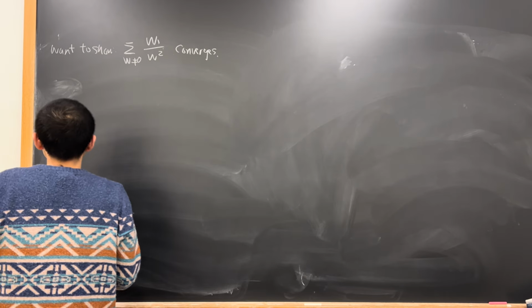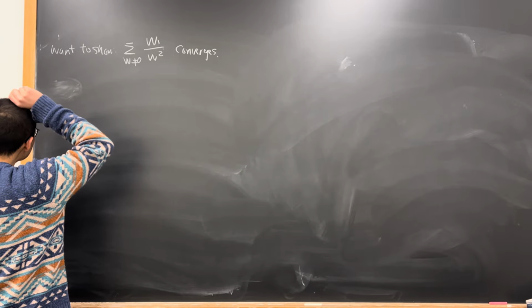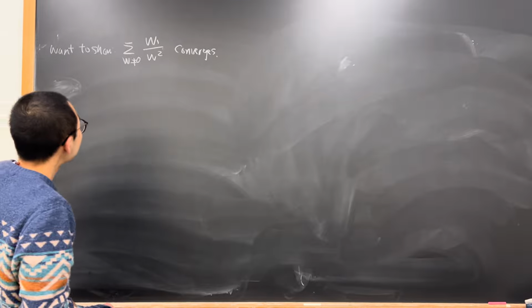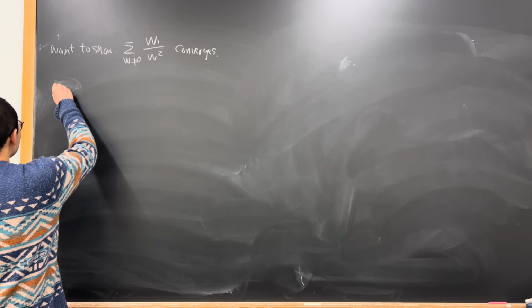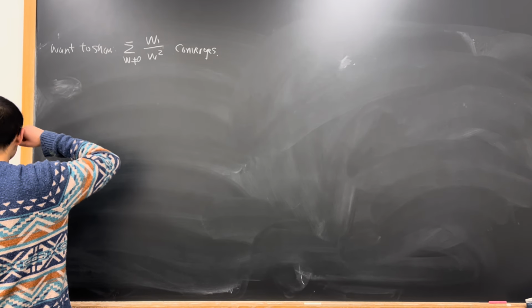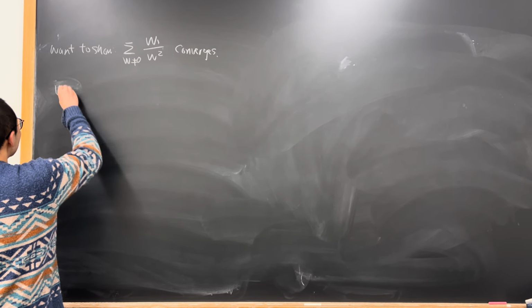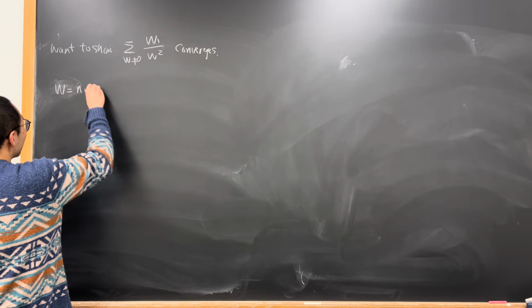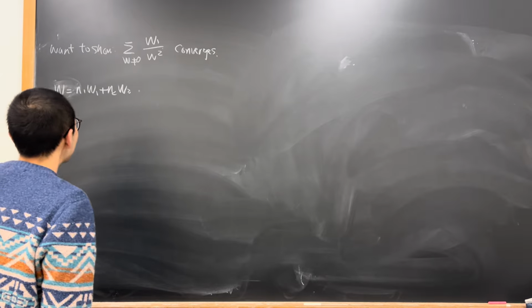Suppose that you have omega equal to n1 omega 1 plus n2 omega 2.